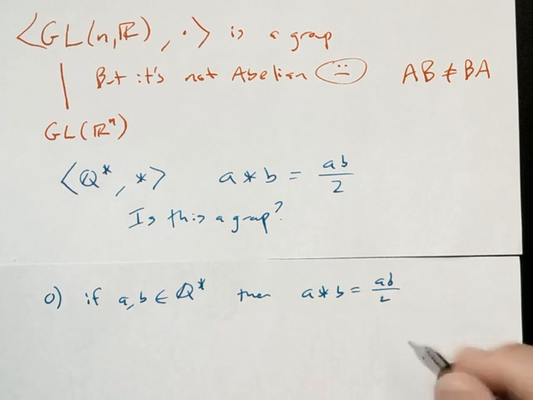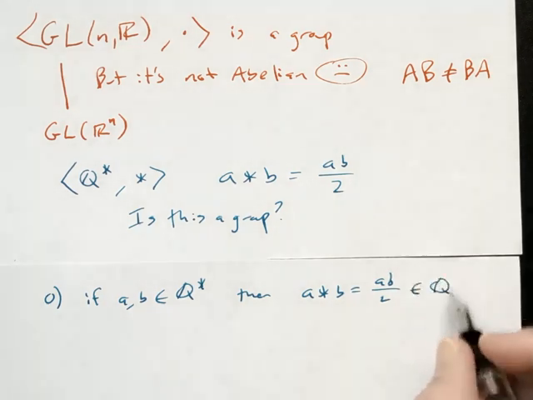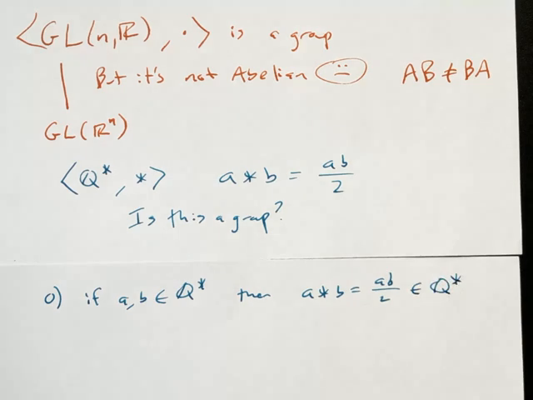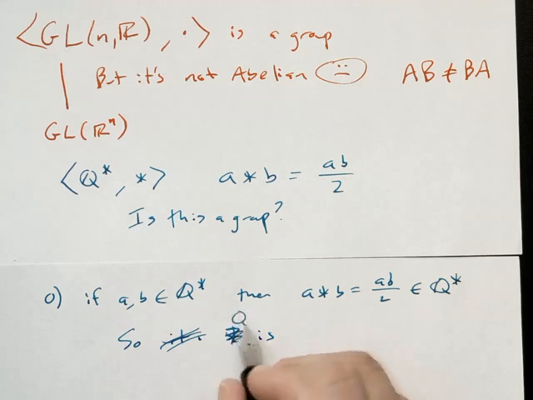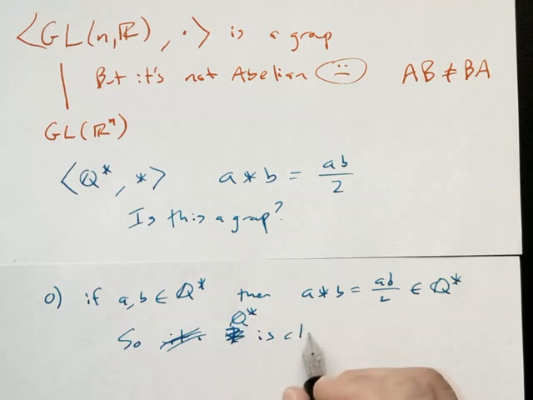That makes this an element of Q star. So it is closed. I'll write this properly in a moment. Q star is closed under my operation star.